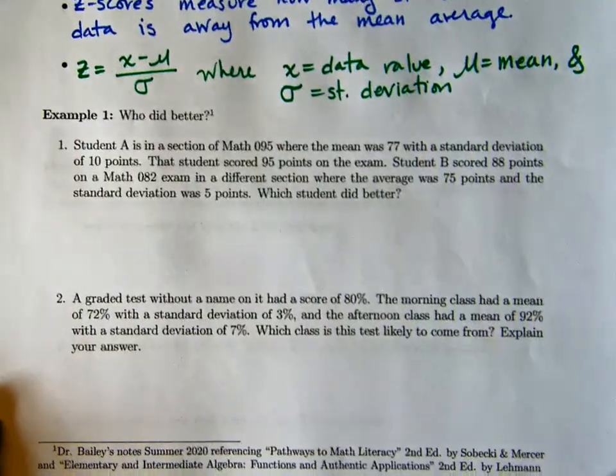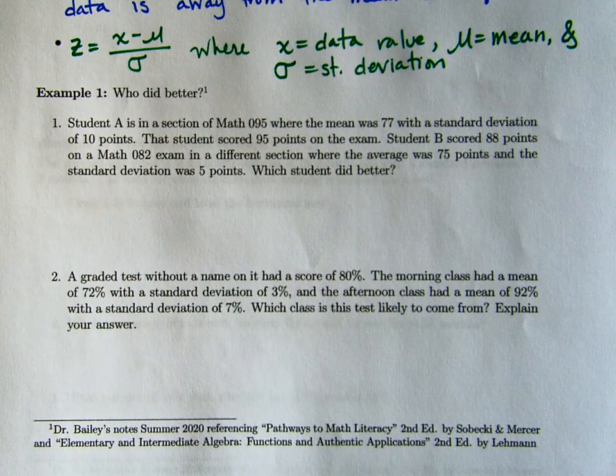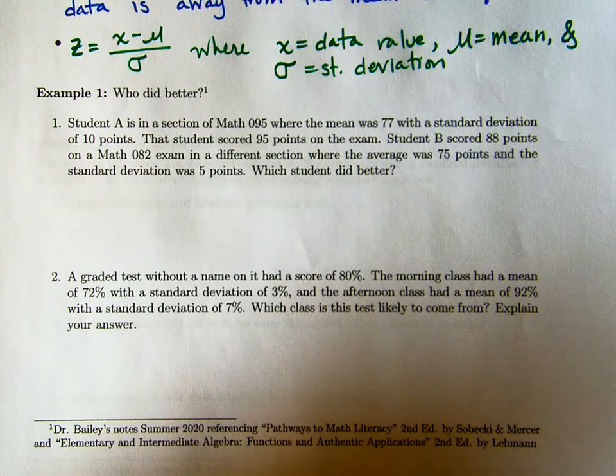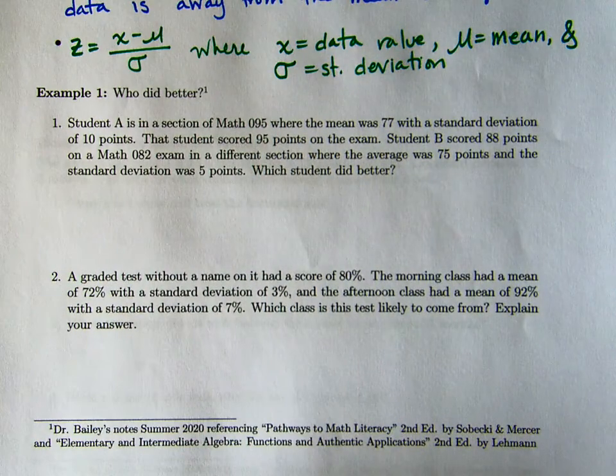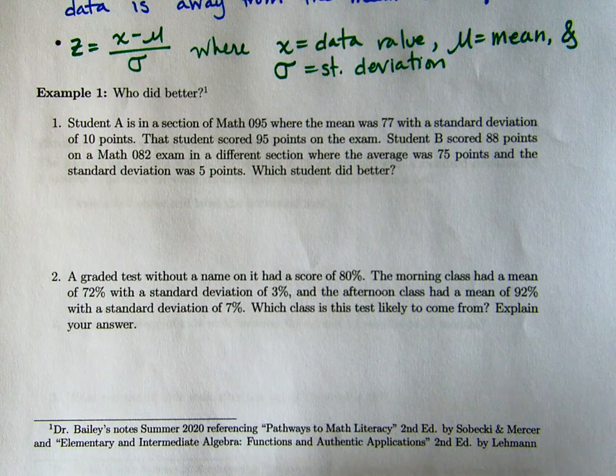All right, let's take a peek at example 1. Who did better? A student in a section of Math 095 where the mean average was a 77, standard deviation of 10. So that's where student A is living. That student scored a 95. Wow, that's really good.